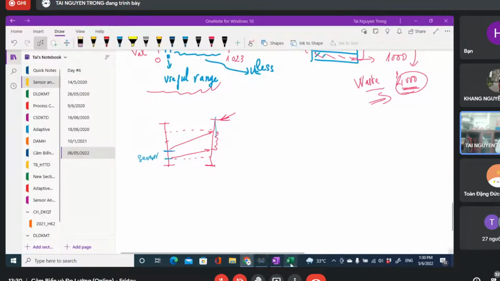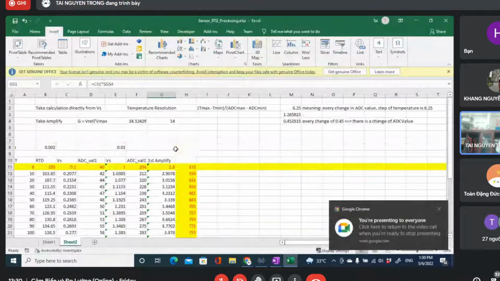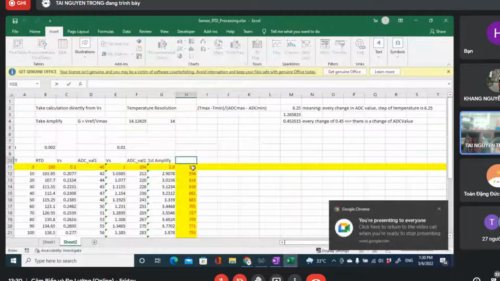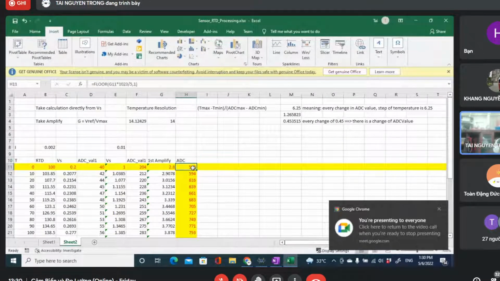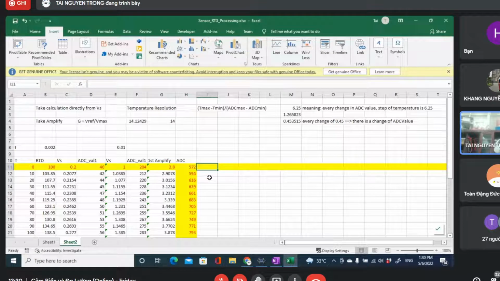Okay, and then we recalculate for the ADC, and for the temperature indication we can take the calculation for the request from the ADC value, and the temperature calculation.